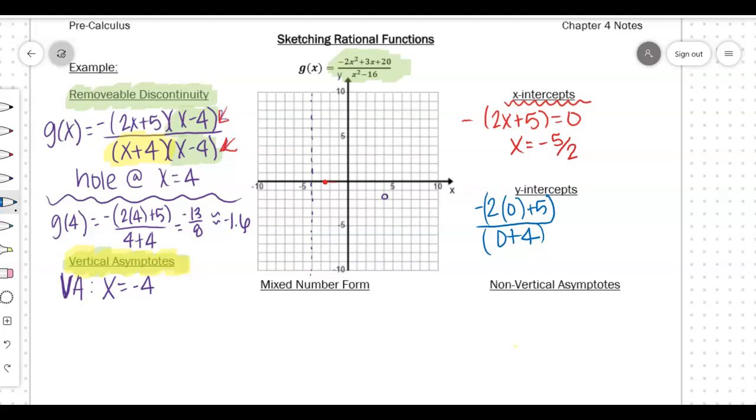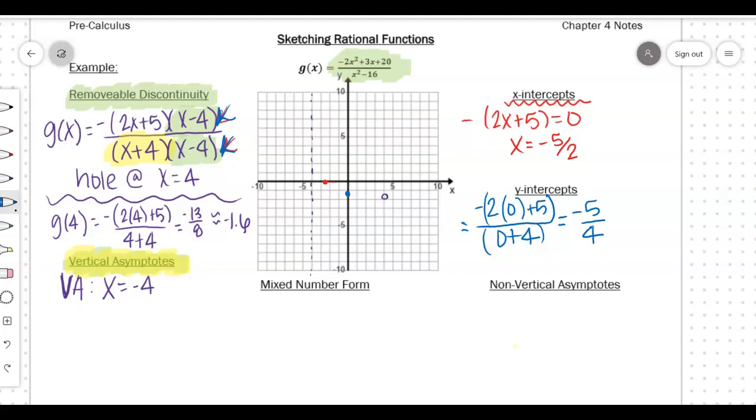It just wouldn't matter because you'd end up with a negative 4 over a negative 4, which would cancel. So you can just plug it into the simplified version of that. And so what we'll end up getting is negative 5/4 for our y-intercept. So I'm going to go ahead and plot that as well on our graph.